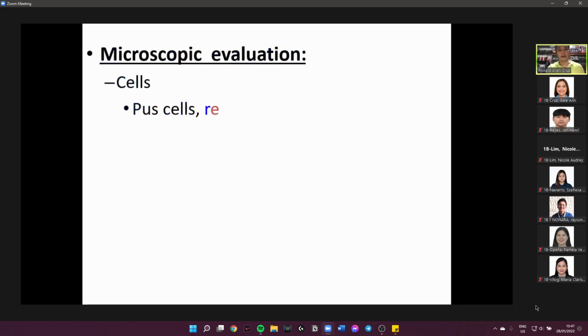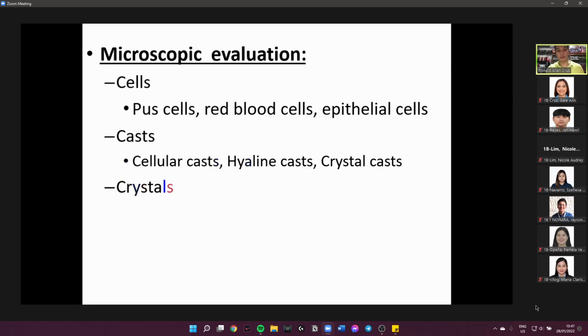For your microscopic evaluation, these are the things that you will be observing under the microscope: your cells, casts, crystals, bacteria, and mucus threads. Now for this one, the more experienced medtechs should be able to do this with ease.